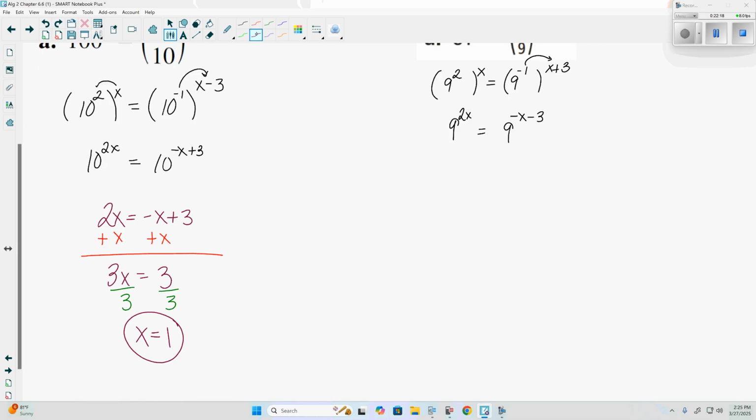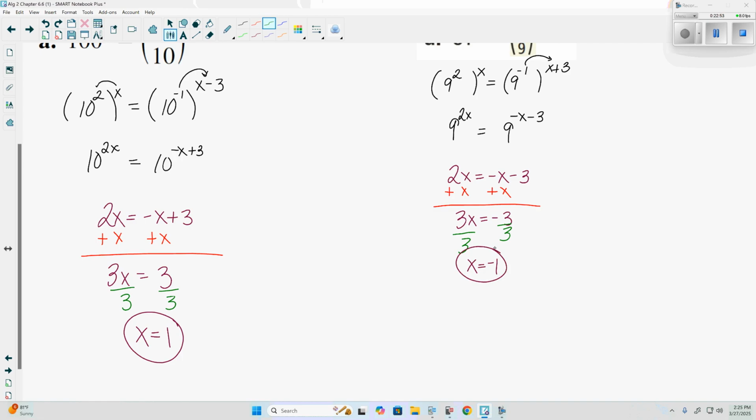Since the bases are the same, the exponents have to be the same as well. We're going to add x to both sides. 3x equals negative 3. Divide by 3. x equals negative 1.